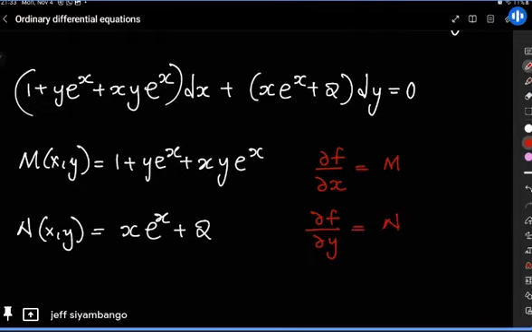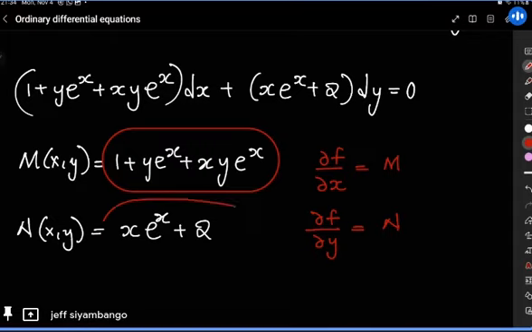Now the first step here is completely up to you, but you want to try to see which one would be easy to integrate. Would it be easier to integrate this one with respect to x, or would it be easier to integrate this one with respect to y? I want you to look at the two expressions very well.